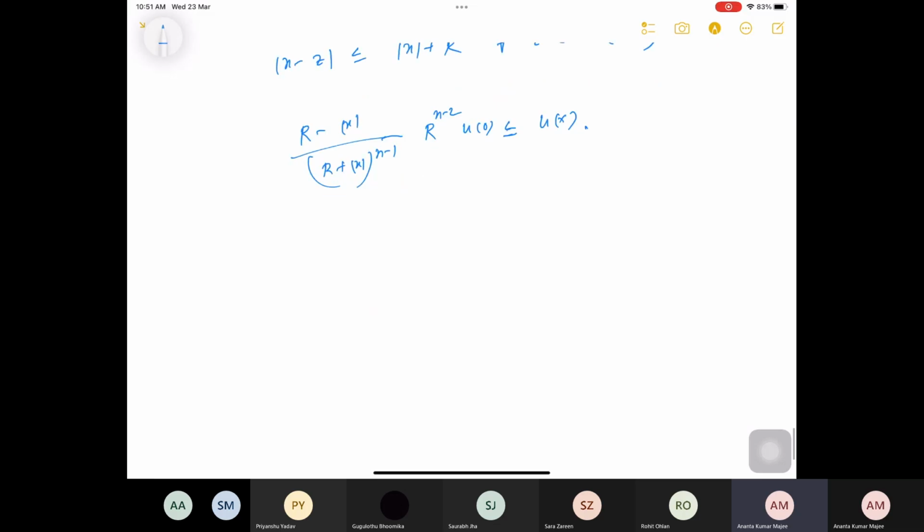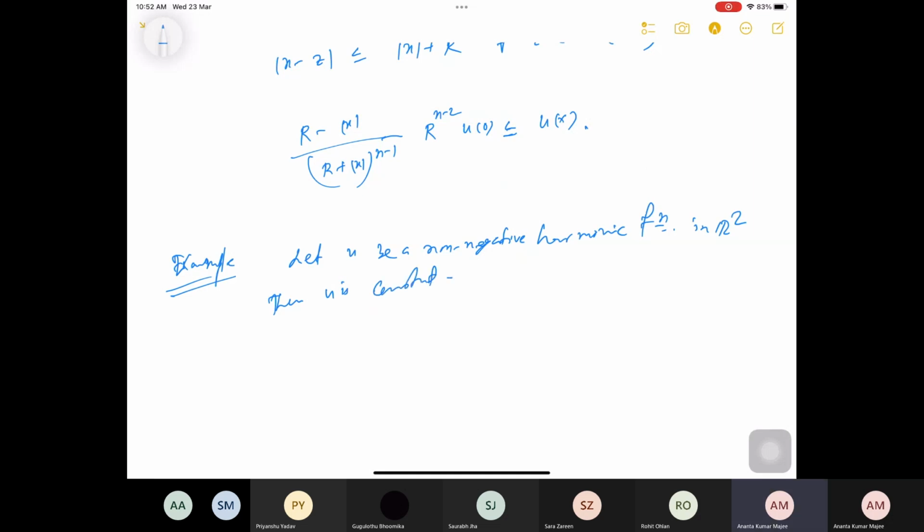How to prove it? So, as an example, what I try to say, and then I'll stop for this chapter: let u be a non-negative harmonic function, say in particular in R², then u is constant.